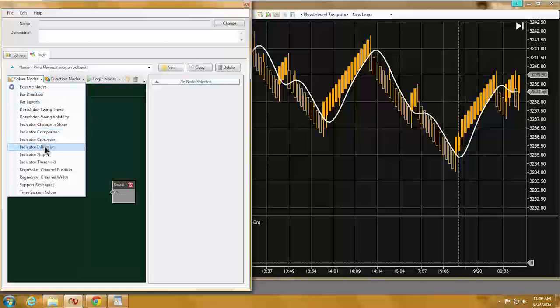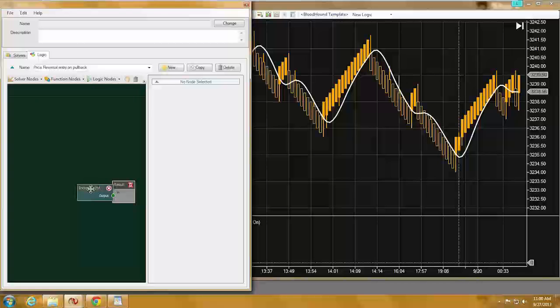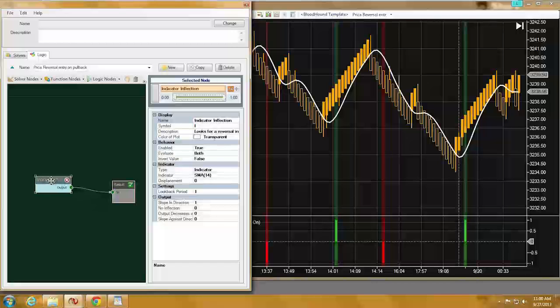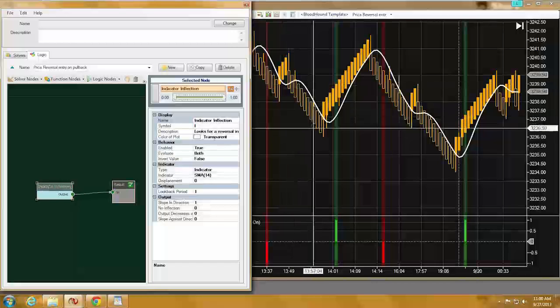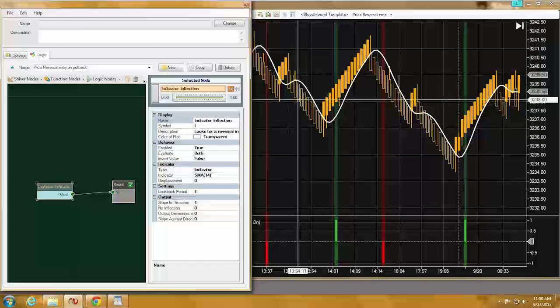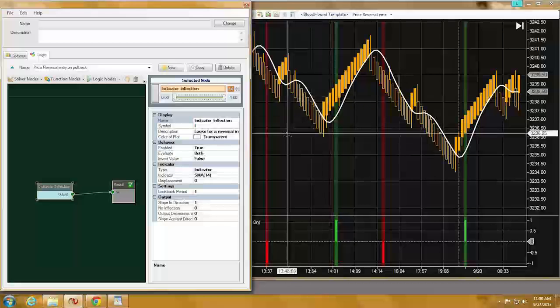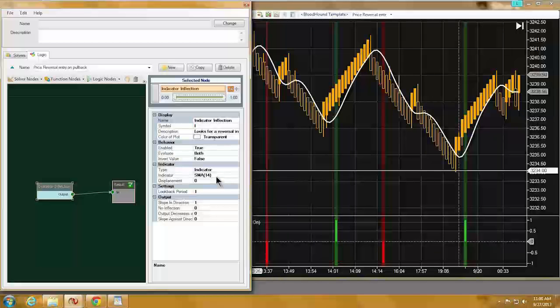So I'm going to use the inflection solver. And inflection is a mathematical term for change in direction. So if we apply an inflection to the closing price, what that's saying is we're looking for a change in direction, which is just saying we're looking for a reversal in price.